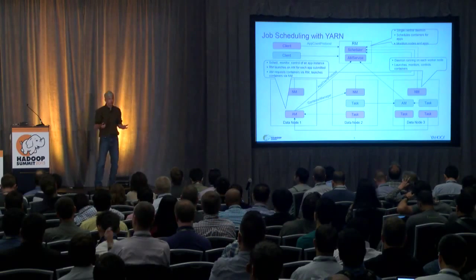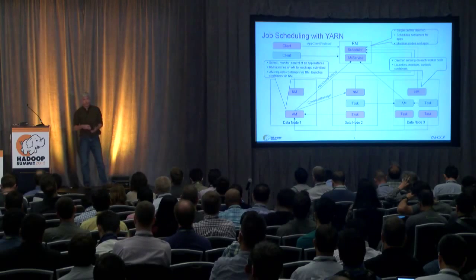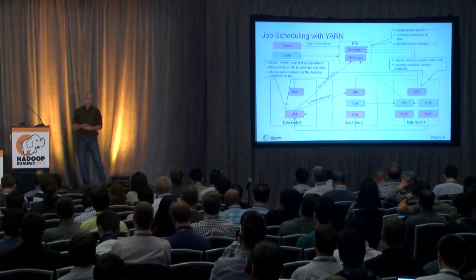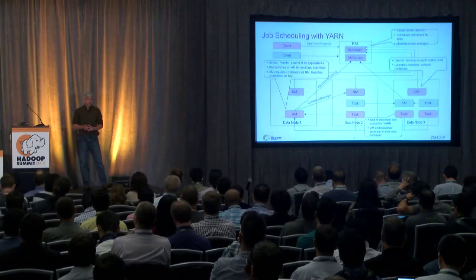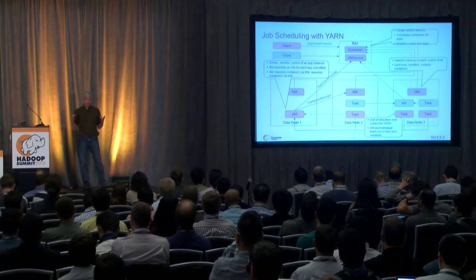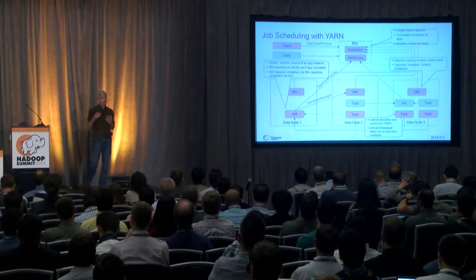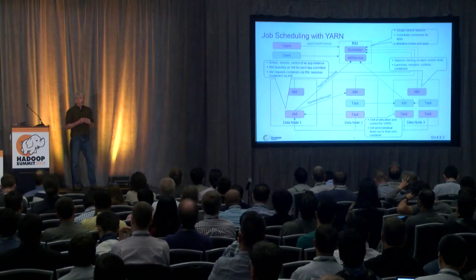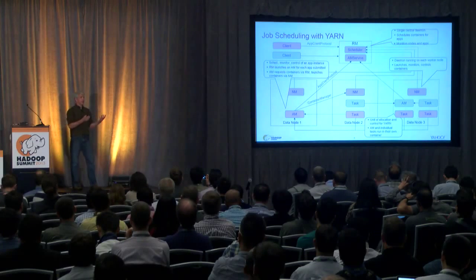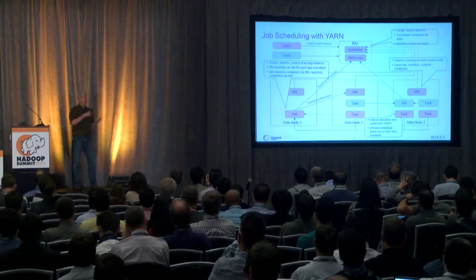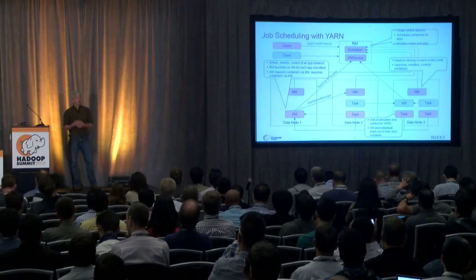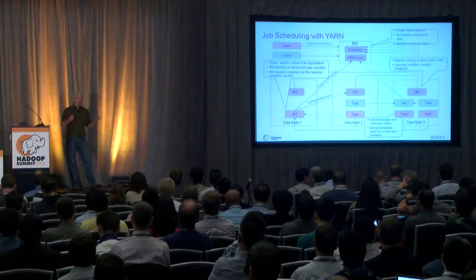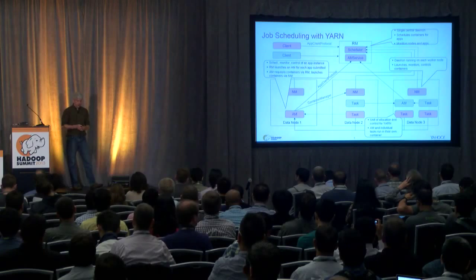For example, for MapReduce, it first asks for map containers, and then it eventually will ask for reduce containers. And then finally, I've used the word container probably 5 times already. It's basically the unit that Yarn uses for bundling resources. So you could have a container that's so many gigabytes of memory and so many cores of CPU. It's basically a bundle of resources that it uses to schedule with.